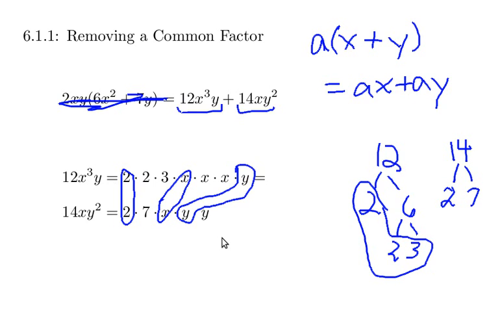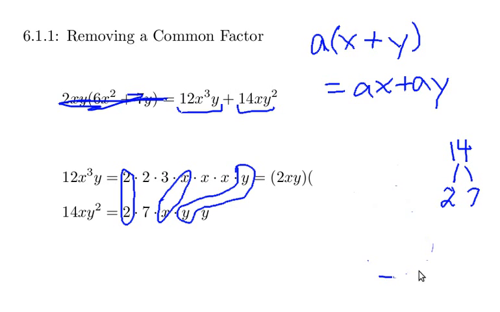So let's say we have 2xy times... Okay, so this 2xy, now I'm just putting that out front. And then what we have left is 2, 3, and x. So I'm going to simplify that to 6x squared. So this is just rearranging these two things.